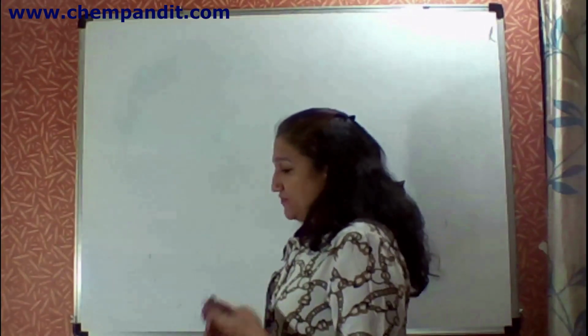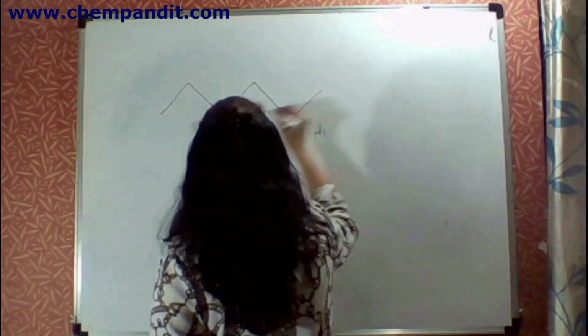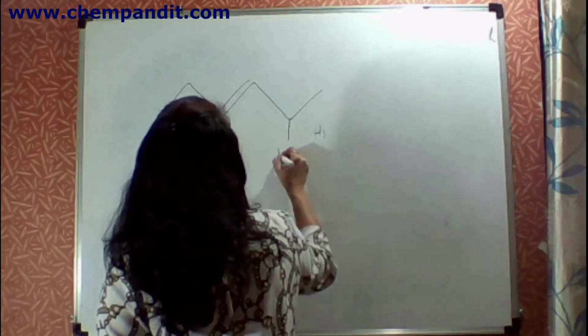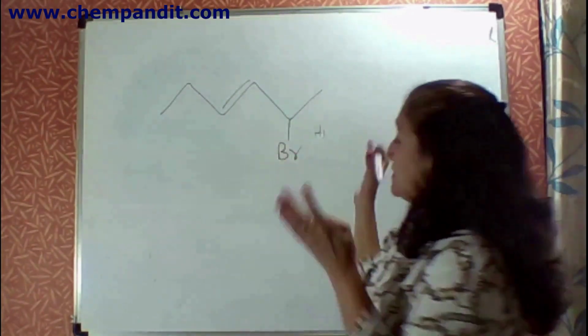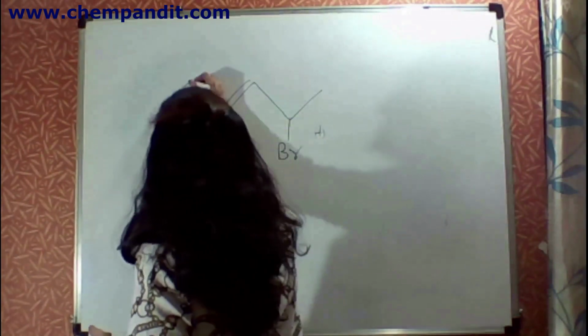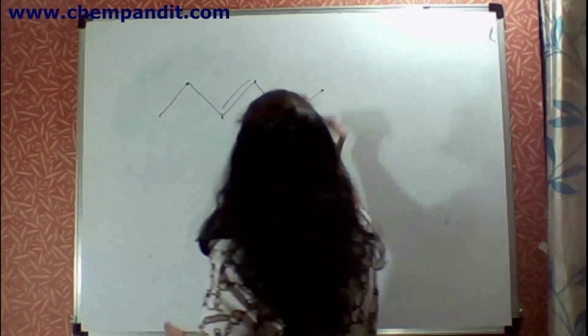Let's take some questions for practice. On what we have discussed up till now in aliphatic hydrocarbons without functional group, let's take some questions for examples. Suppose we have a compound like this. Now this compound is basically a line structure. So here this is a carbon, this is a carbon, this is a carbon, this is a carbon, this is a carbon, and this is a carbon.